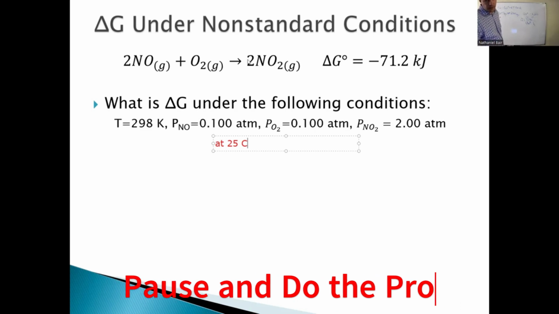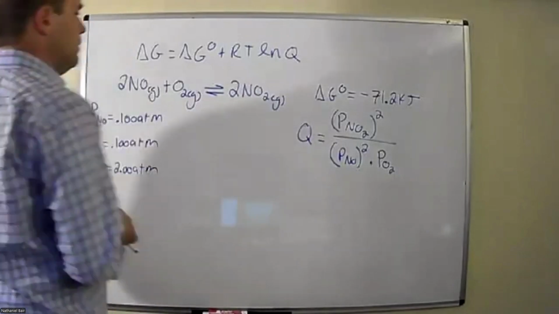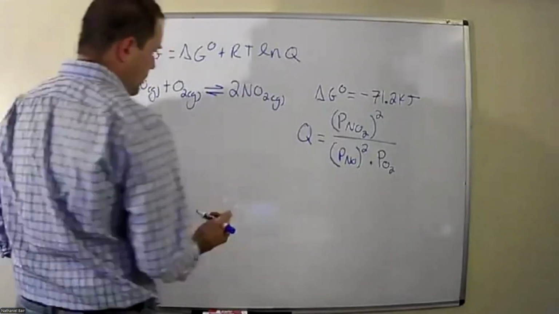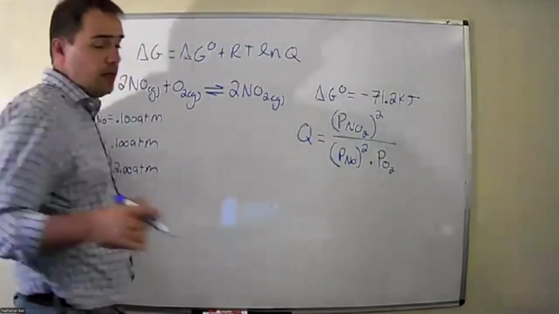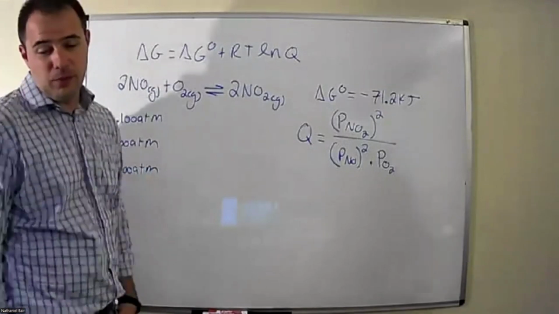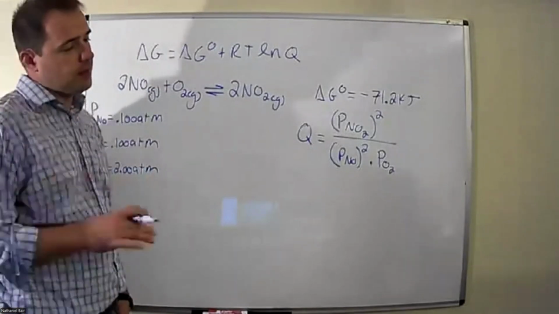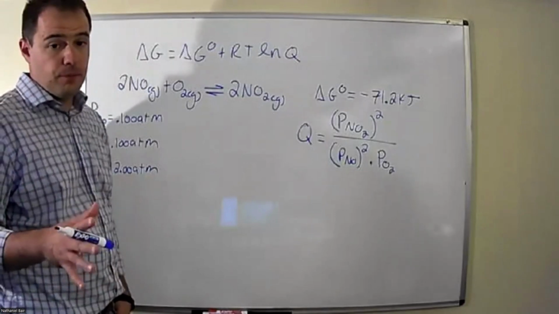All right, let's do this. So here we go. We got to calculate Q. So you need to write a mass action expression. That equilibrium chapter, I'm telling you, it even permeates this stuff a little bit, right? I always tell everybody, equilibrium is Chem 102. It just is.